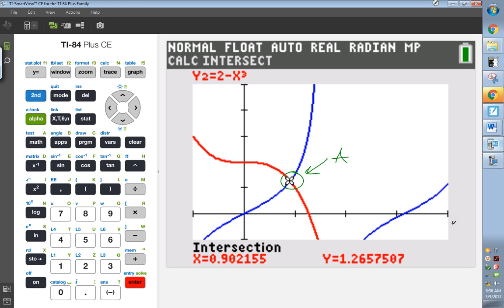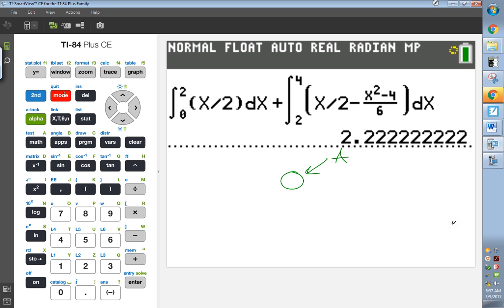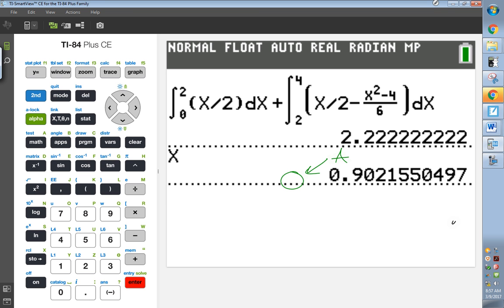I don't like writing decimals, so I'm going to store it as A in my calculator. If you weren't here the other day, I'm going to show you how to do that. If you want to just write 0.9021 when you do your bounds, you can do that as well, but I don't like doing that. So here's what I'm going to do. Second quit, go back to my screen. Right now, what I have is an X value. If you just use the letter X in your calculator right now, it is 0.9021, that number I had.